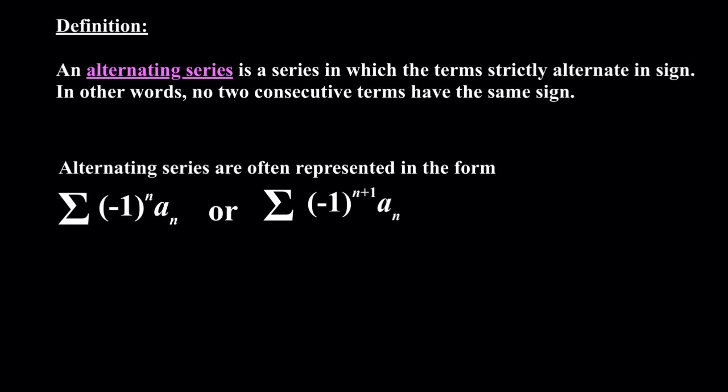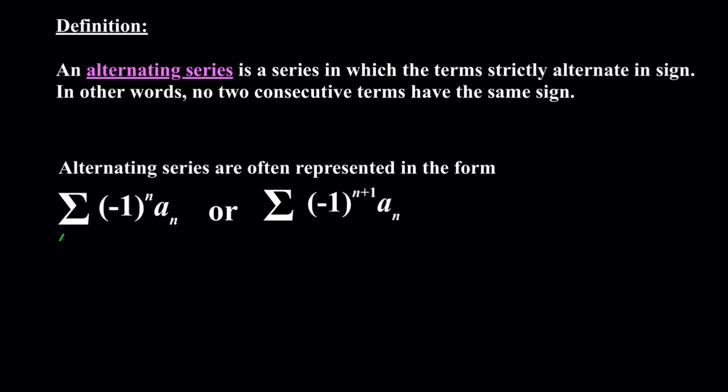All right, so if we look at this first situation right here, when we have sigma -1 to the n power times a sub n, this is one way of representing an alternating series. This would be another way, which is just slightly different. The exponent is n plus 1. The only difference really between this and this is determining what your first sign in the series is going to be.